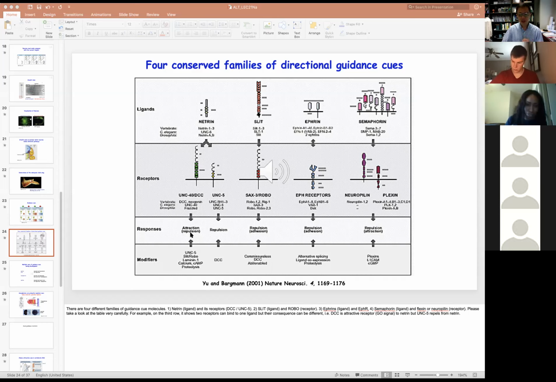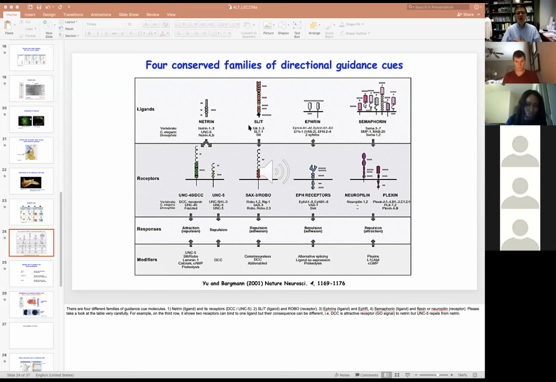So if a cell is expressing UNC-40, then they are attracted to netrin. But if a certain cell is expressing UNC-5, then they will basically move away. So that is a repulsive signal. I think this response is determined by what kind of receptors they have, which is probably an important thing.